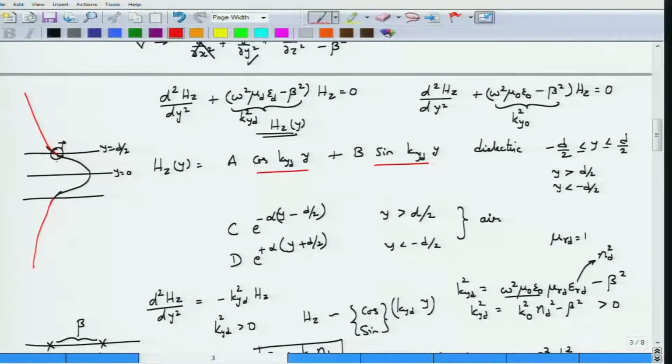This cos will be a symmetric waveguide with respect to the center. So this would be symmetric, or we can call this an even mode, because the mode shape is essentially even. The odd mode would be in the form of a sine wave, so if this is my axis, then it should go something like this.